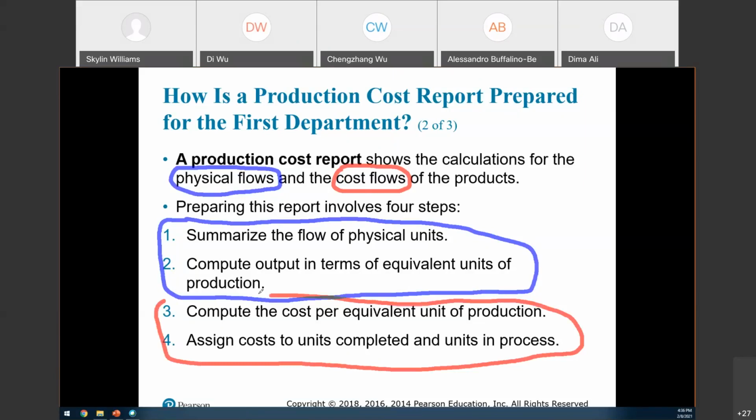The third step is to compute the cost per equivalent unit of product. And finally, in the production cost report, we assign costs to units completed and units in process.